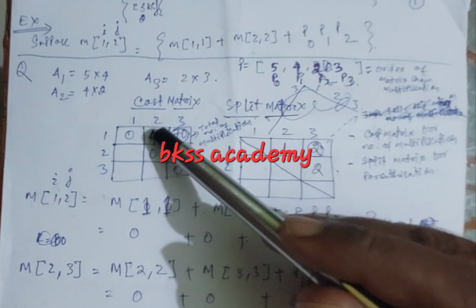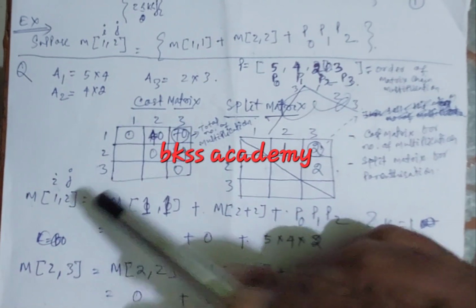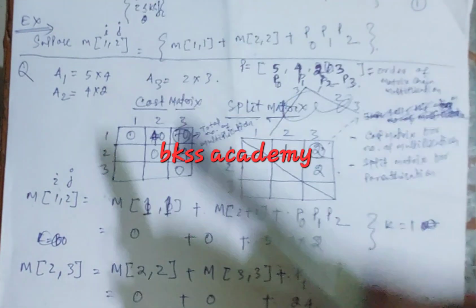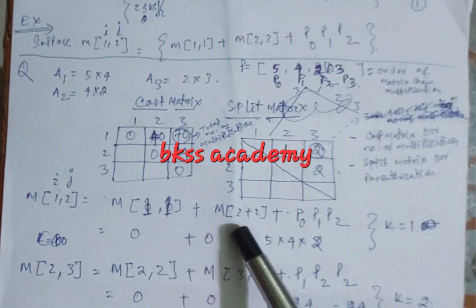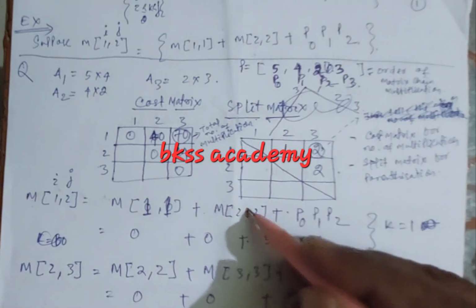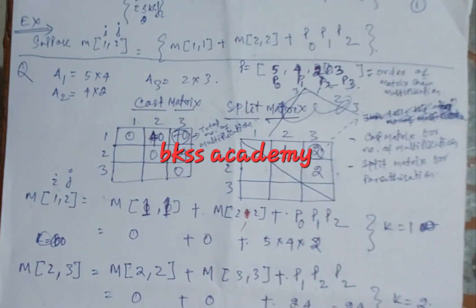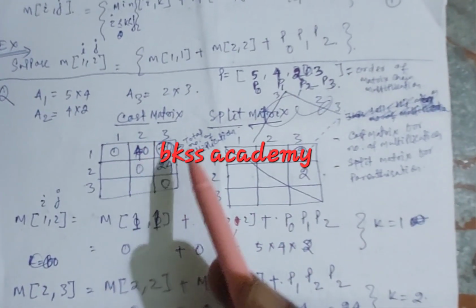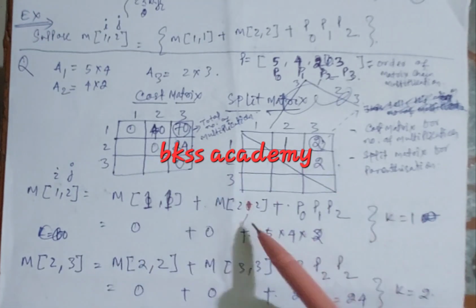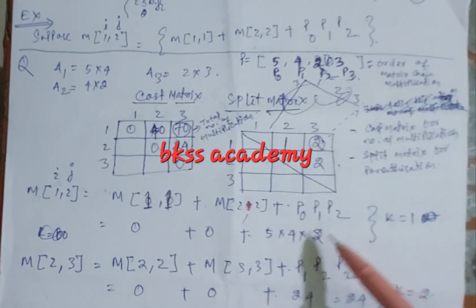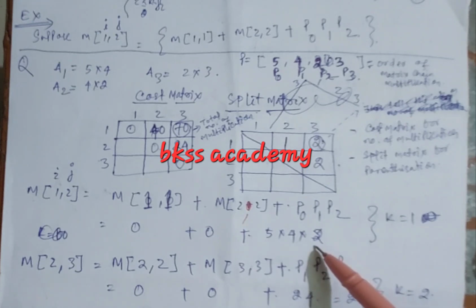So m12 is equal to m11 plus m22 plus p0 into p1 into p2, according to this formula. m11 is 0 and m22 is 0, so these two are 0, plus p0 into p1 into p2, 5 into 4 into 2.